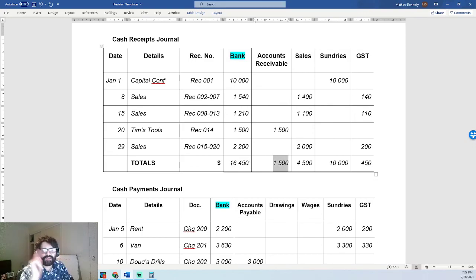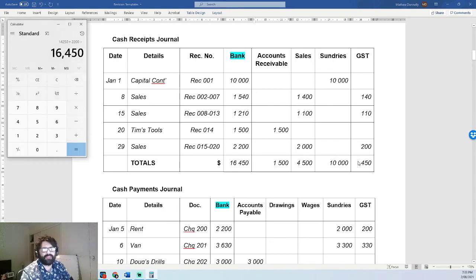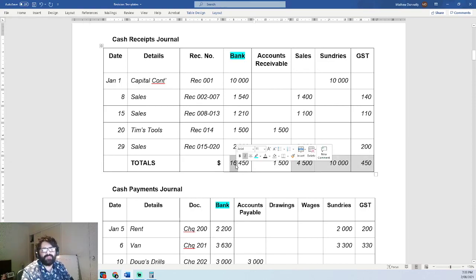Now, logically speaking, if I deduct each of these, I will get the same number. So let's see if that checks out. So we go minus 1500 minus 4,500 minus 10,000 minus 450. Oh, look, it's 0. This means this is 100% correct.